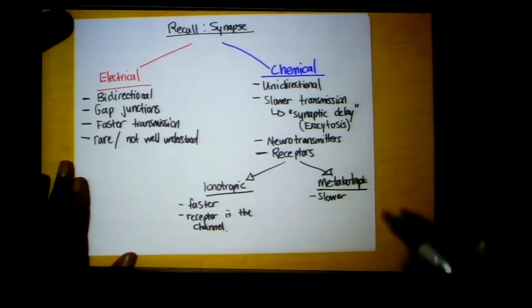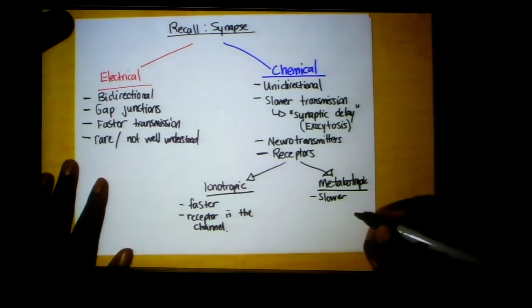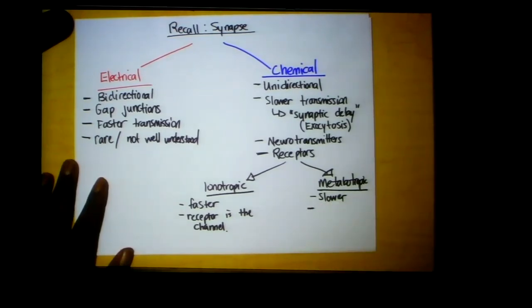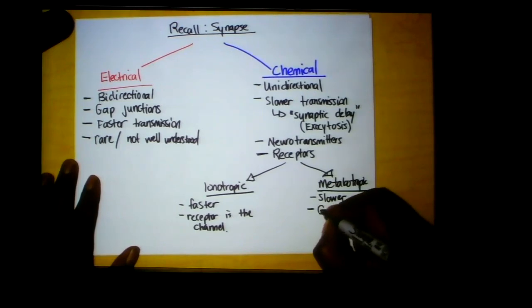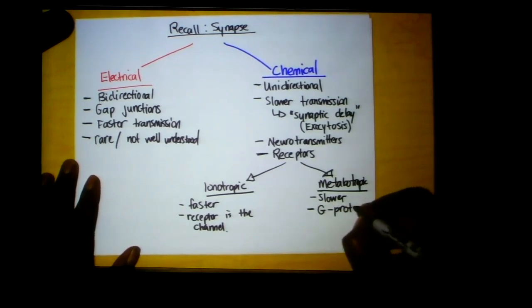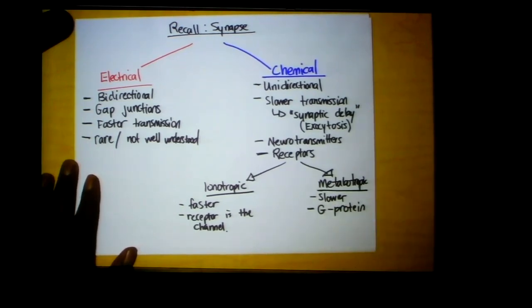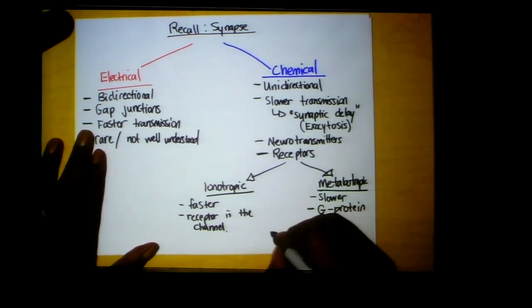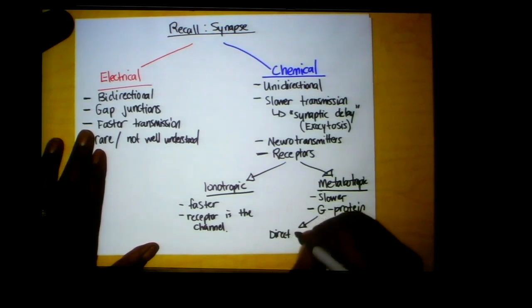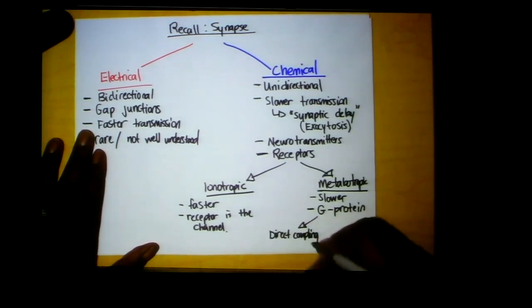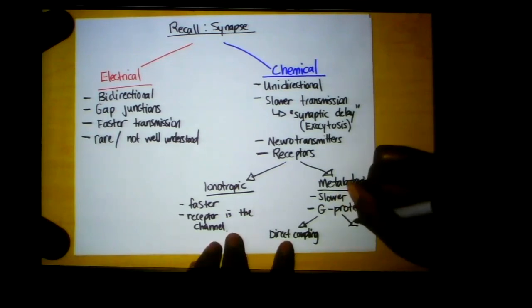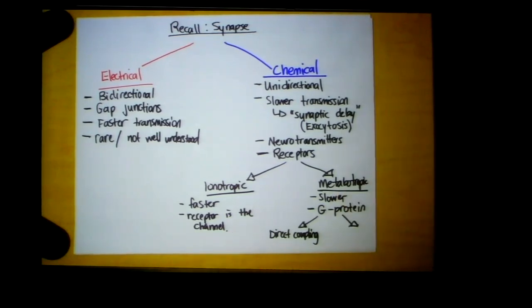So it's slower in its effect and its response on the postsynaptic cell, and that's because we have a G protein, right? It's coupled to a G protein that's going to do something else in that cell. It can do one of two things. It can be directly coupled, and I'll illustrate what these mean again. I'm just writing them here. We'll review this shortly. So this G protein could do one of two things in the cell.